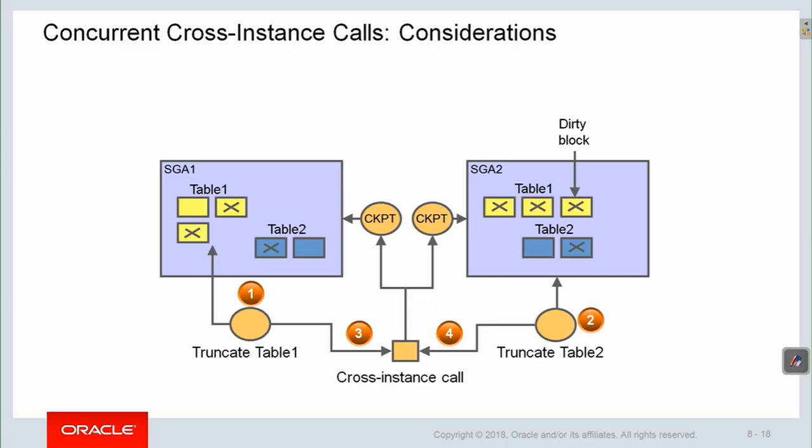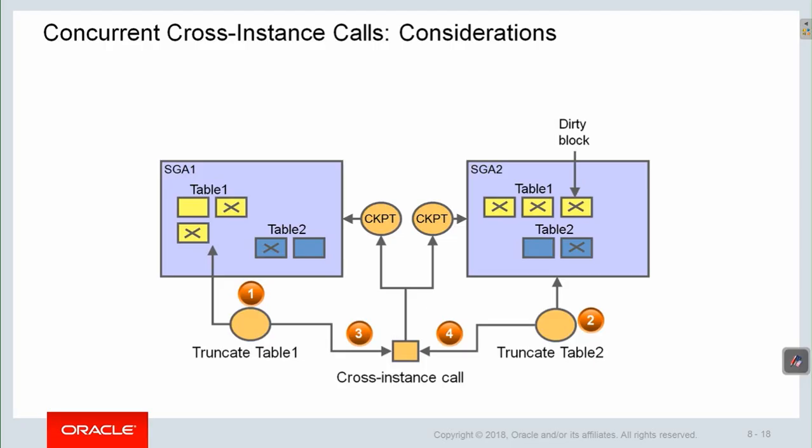Now, if you have multiple truncates across multiple instances, then what will happen? Only one truncate command is served at a time. So if you have a first truncate command, then the second truncate command must wait until the first truncate is complete. And that may cause another point of serialization issue.